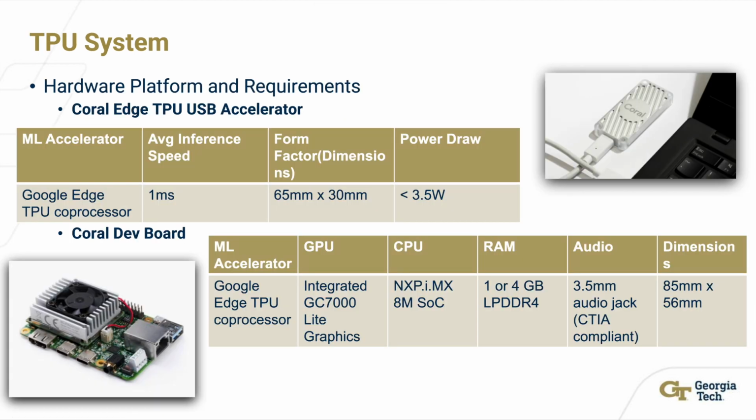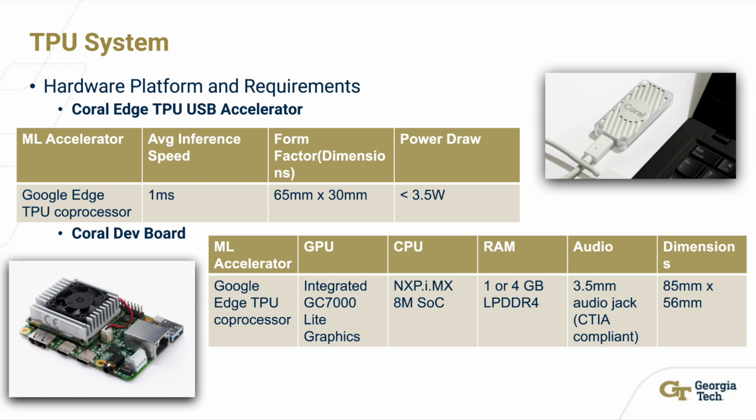So here we have the TPU system, where we investigated two different form factors of the TPU, one being the Coral Edge TPU USB accelerator and the Coral Dev board. Both of these contain the TPU unit on it, which has an average inference speed of 1 millisecond.